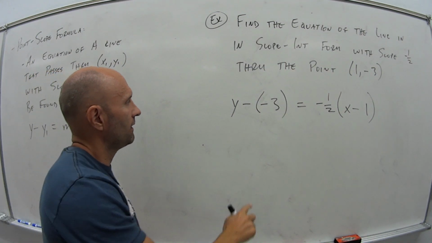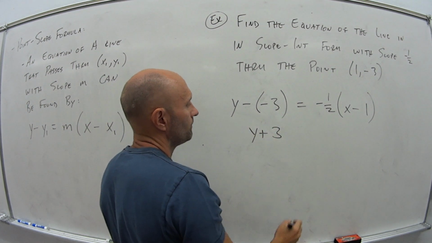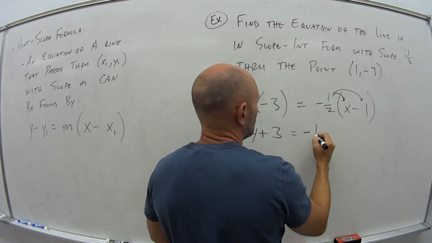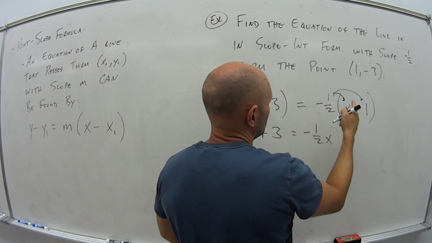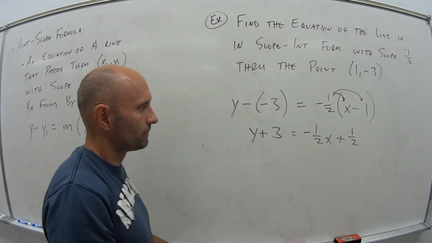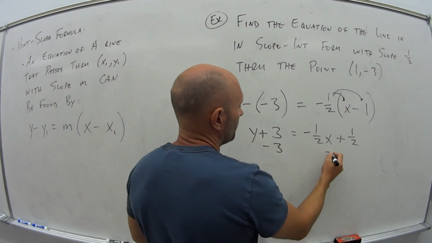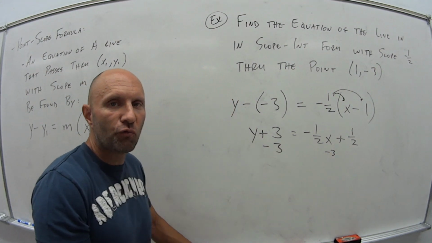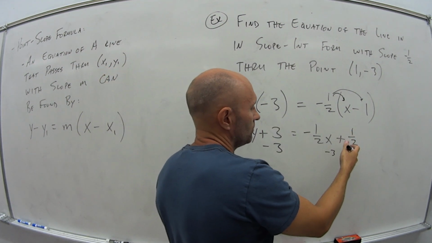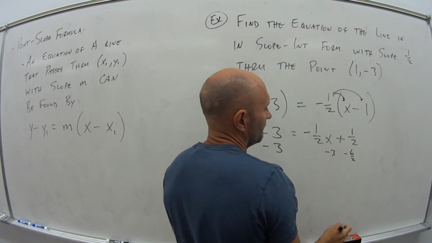Go ahead and simplify this. Y minus a -3 is y plus 3 equals, distribute this -1/2, so I get -1/2 x. Negative times negative is positive, 1/2 times 1 is 1/2. Now I need to subtract 3 from both sides. Well, I have a fraction of 1/2, so I need to convert 3 to a fraction that has 2 as its denominator, that would be 6/2.